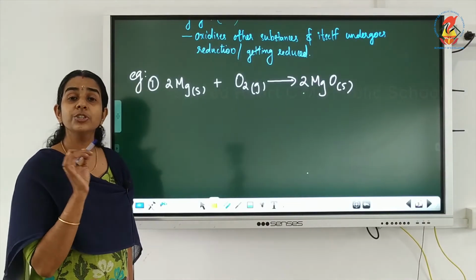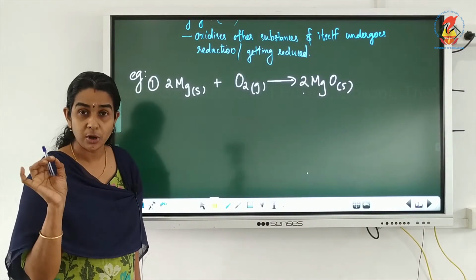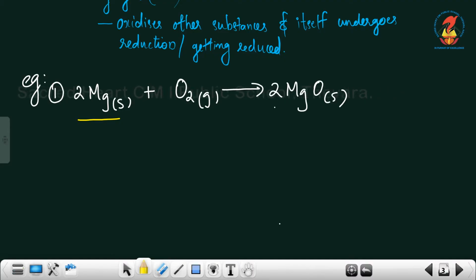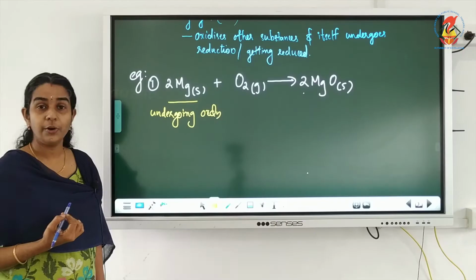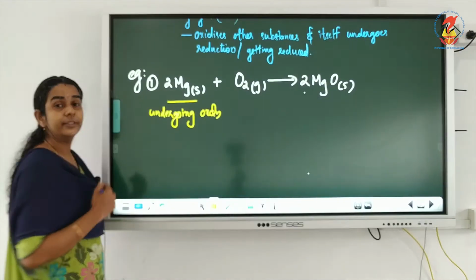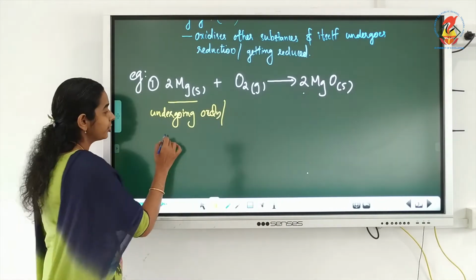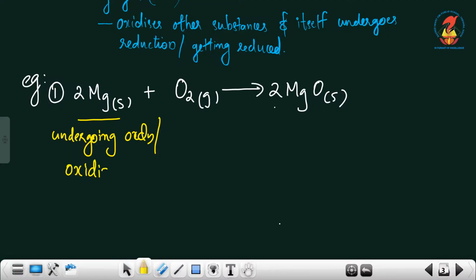When there is addition of oxygen, we can call it oxidation. So here magnesium is undergoing oxidation, or we can say magnesium is oxidized.